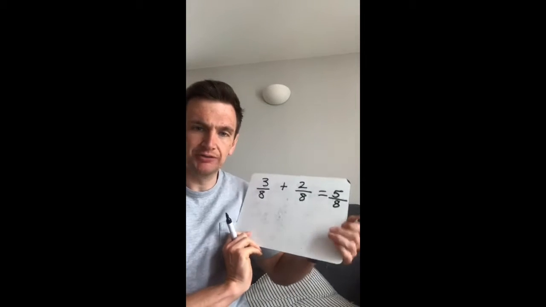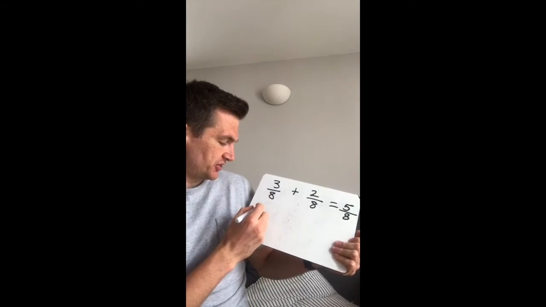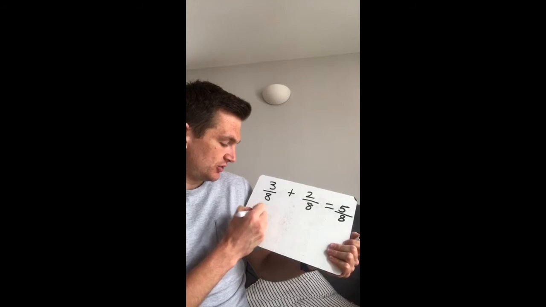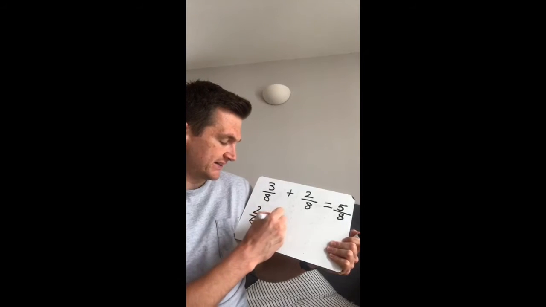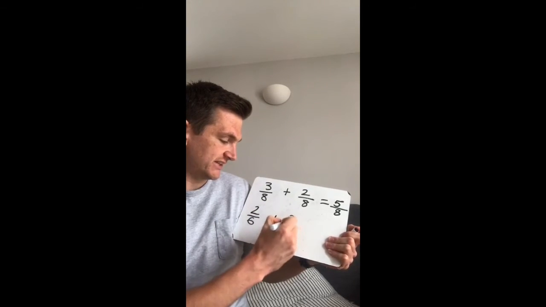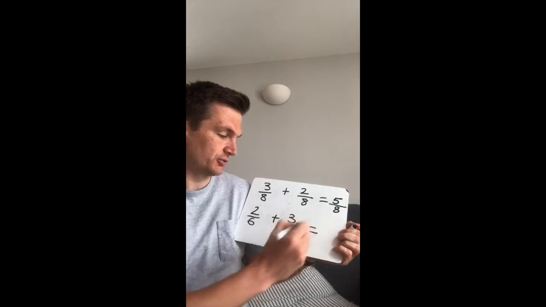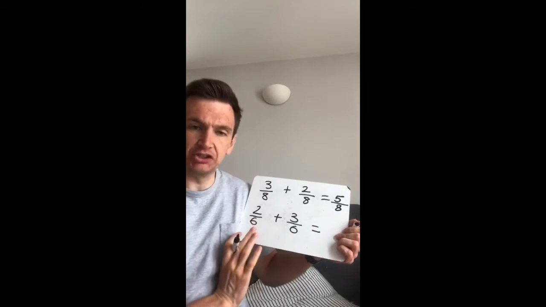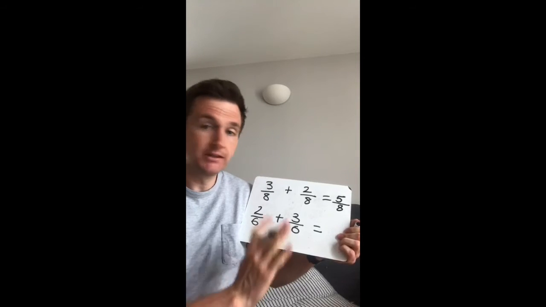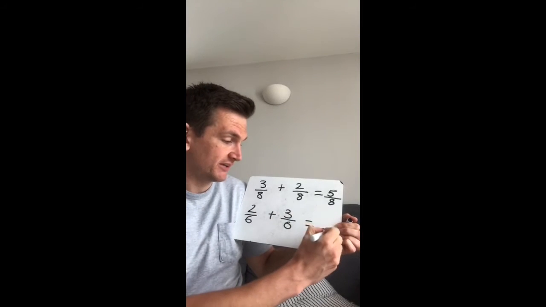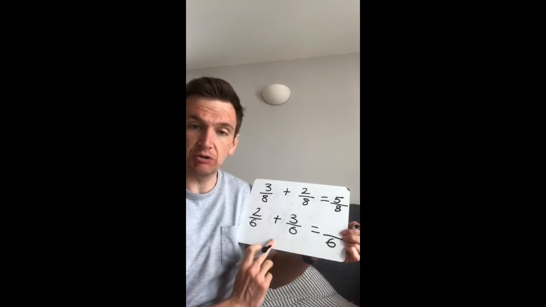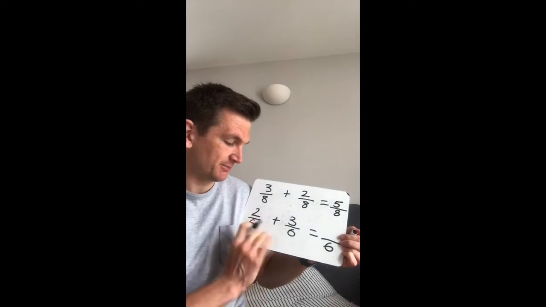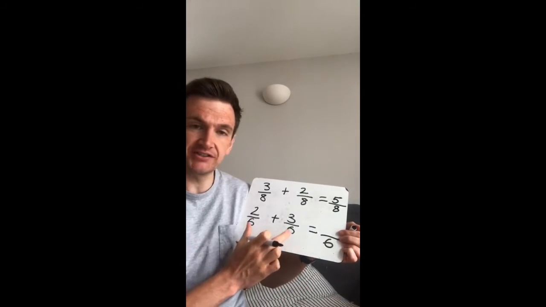Let's run through one more. If I had the question 2/6 add 3/6 equals something. Now, am I going to touch the denominators? Do I need to? No, of course not. So my denominator is also going to be 6, because in my question, my 2 fractions are 6.